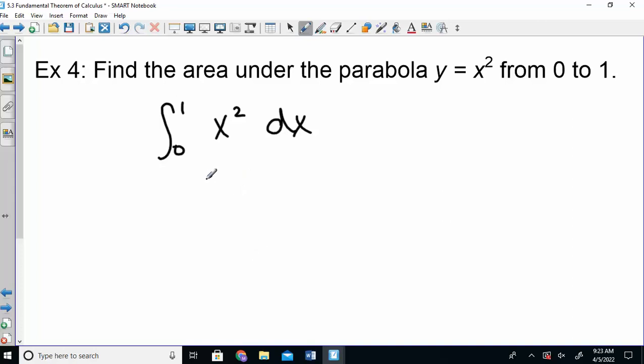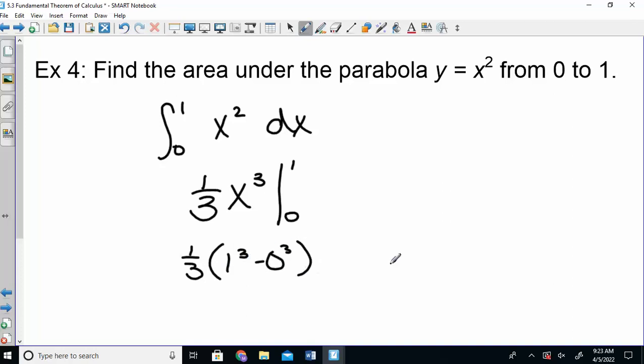So what is the antiderivative of x squared? X cubed. So if we plug in 1 cubed minus 0 cubed, you get 1/3 times 1, or 1/3.